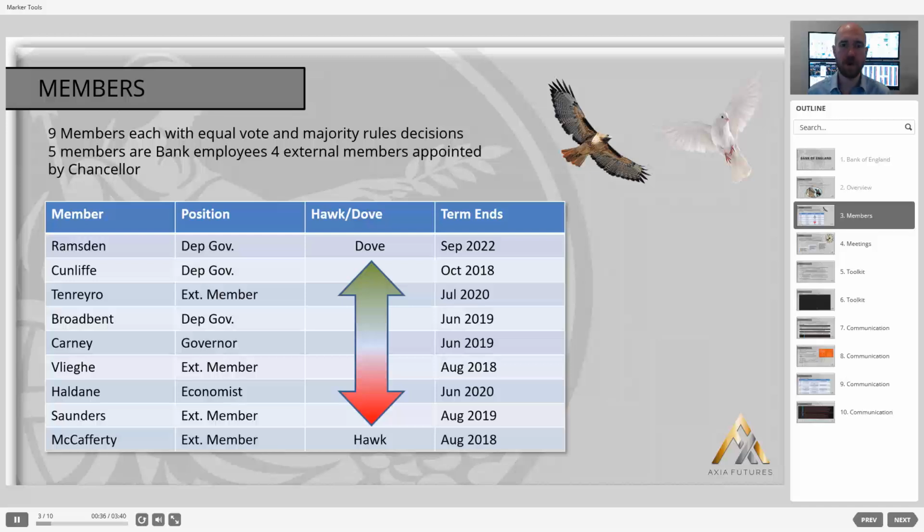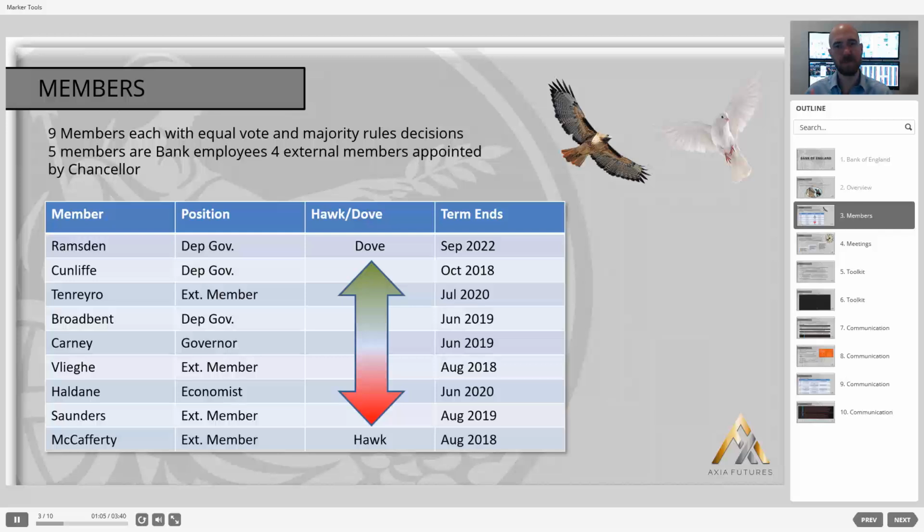Now, in terms of who these members are, you have 5 members who are central bank employees, including the governor, and then you have 4 members appointed by the Chancellor, so that's the finance minister for the UK. The idea here is you dilute the influence of the central bank a little bit, as you could run the risk of having a very swayed central bank that has very similar views for every member.